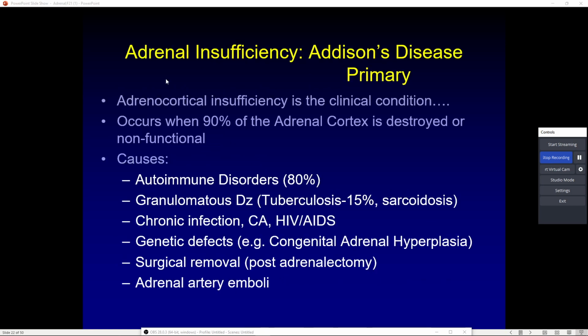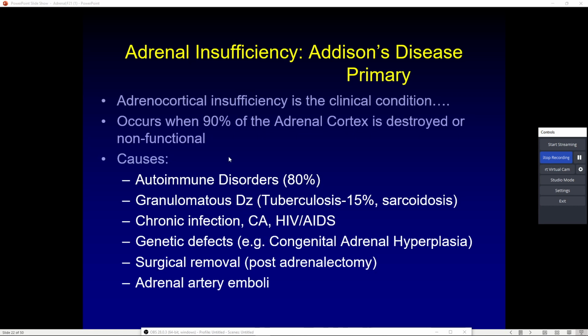So, adrenal insufficiency, adrenocortical insufficiency, is a clinical condition that occurs when 90% of the adrenal cortex is destroyed or non-functional, or we're just not getting ACTH activation of any kind. Most common causes, hands down, autoimmune disorders, and we already talked about it. It's going to be Addison's. Granulomas, tuberculosis, sarcoidosis, chronic infections, HIV, AIDS.